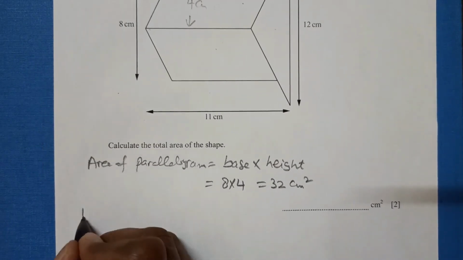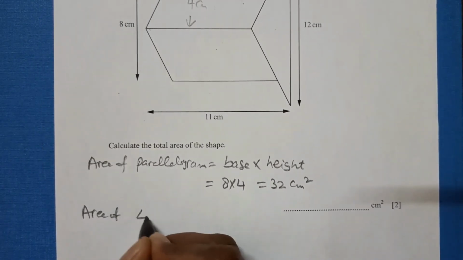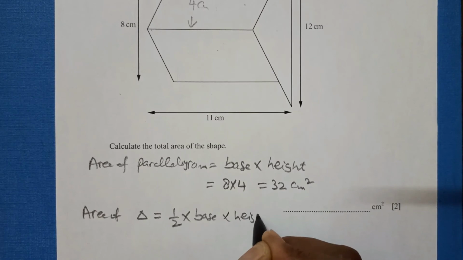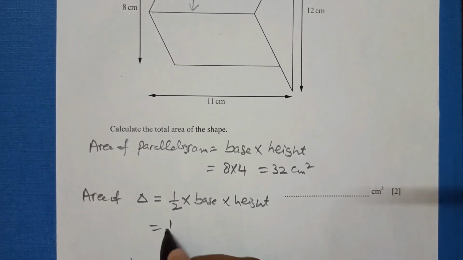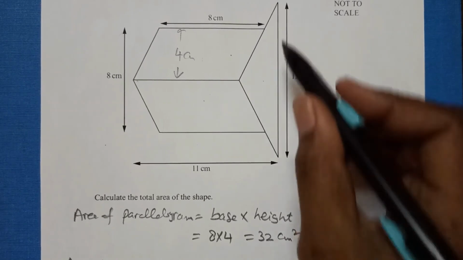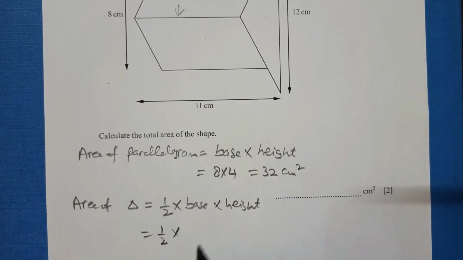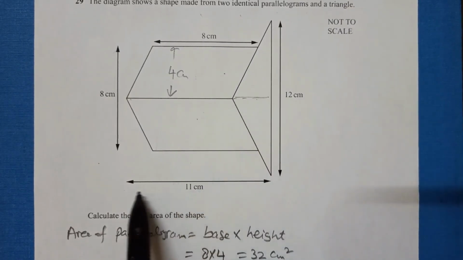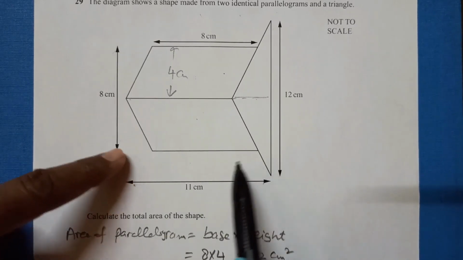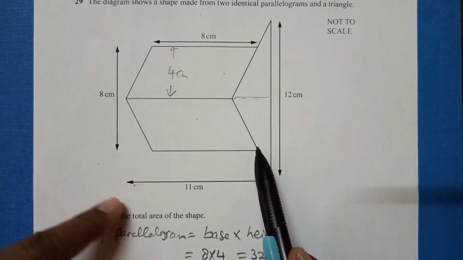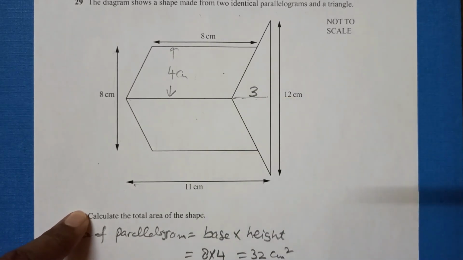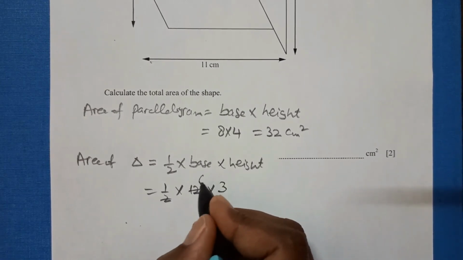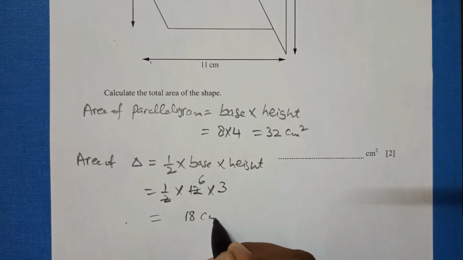So area of the triangle is half times base times height. So half, and the base here is 12, so we can write 12 times height. Now we need to know the height. This is the height here. As this entire length is 11 minus this one, 8, 11 minus 8 is 3. So this will be 3 centimeters. So times 3. 2 times 6 is 12. 6 times 3 is 18 centimeter squared.